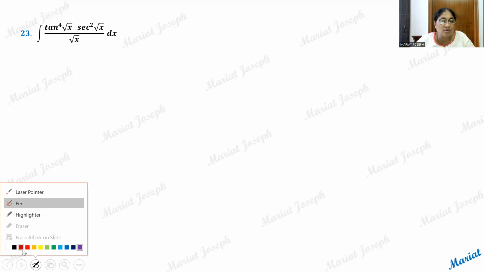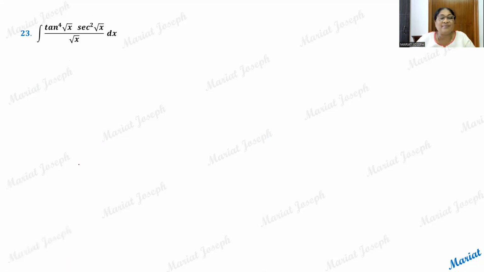What is this? Which name? Very simple one. It's only looking too bulky. All that root x and all is given deliberately by hand. Look, try to recollect. The derivative of root x is 1 upon 2 root x, that we can see. Look, in 1 upon 2 root x, the 2 is missing.